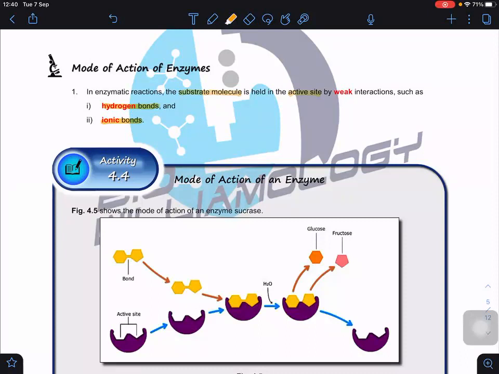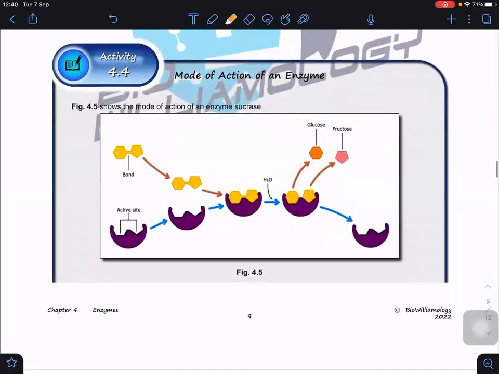Okay, so if we look at these diagrams, we have to be careful. Why be careful? Because in the exam we have to observe, first, my substrate, and second, my active site.